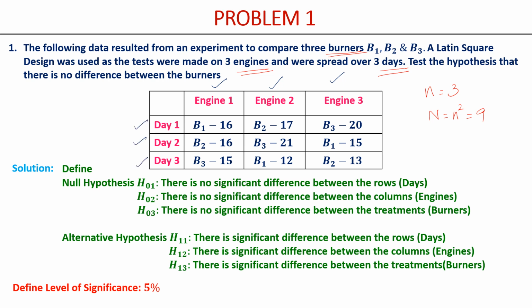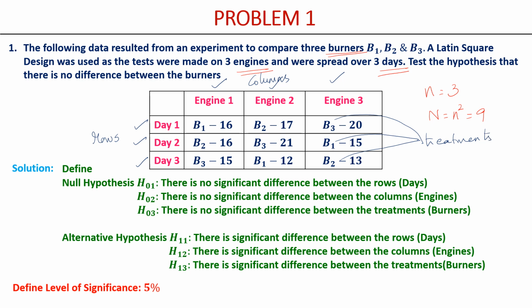What we normally do in our theory, we call them rows, columns, and treatments. So days here are rows, engines are columns, and B1, B2, B3 are nothing but the treatments which we are given. So we are given three factors, and so the problem is a Latin square design.